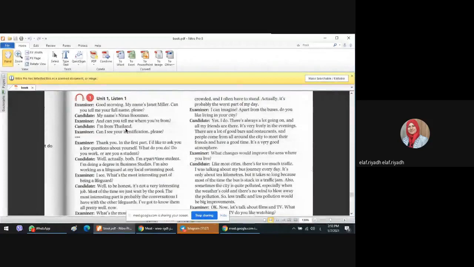Then she asked to see his identification card. Afterwards, she asked him what he does for a living. He told her that he is a part-time student, doing a degree in business studies, and he also works as a lifeguard in a local swimming pool.